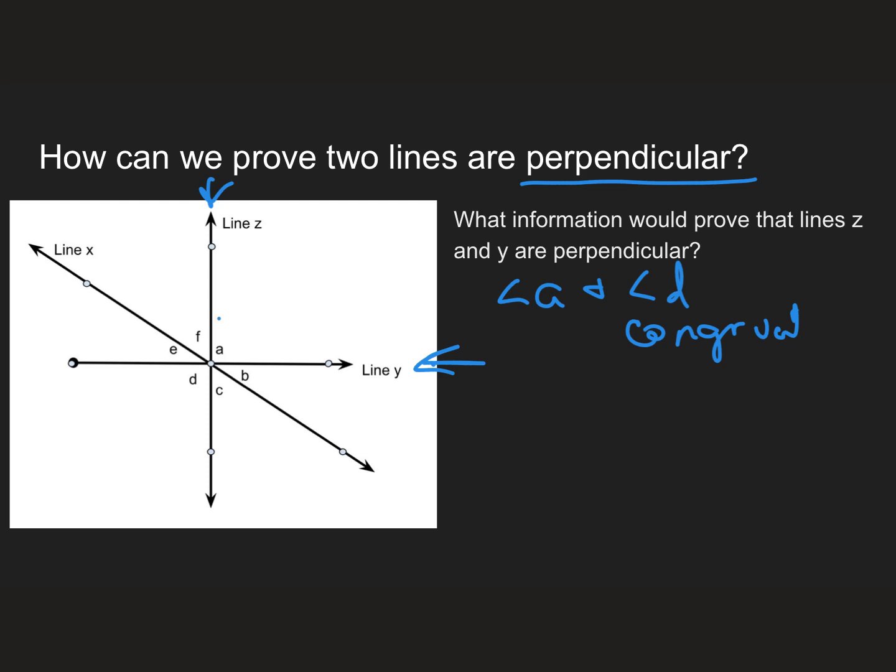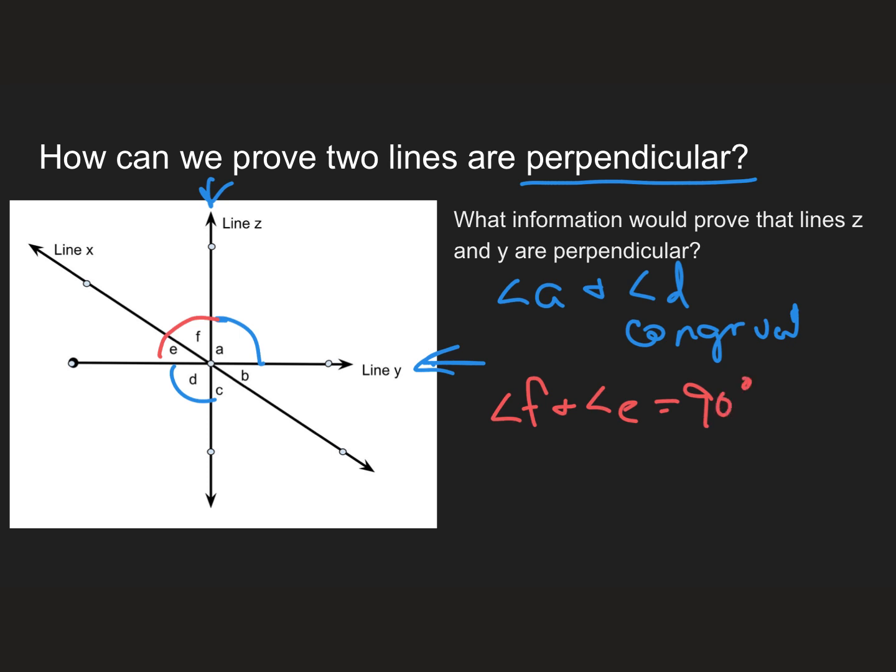They are, but angle A is right here and angle D is there. They're vertical angles.